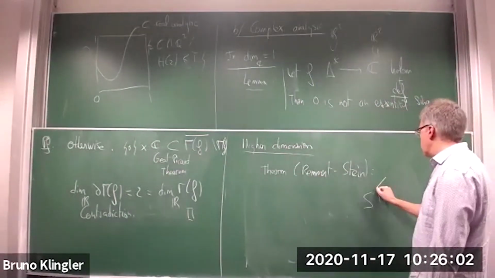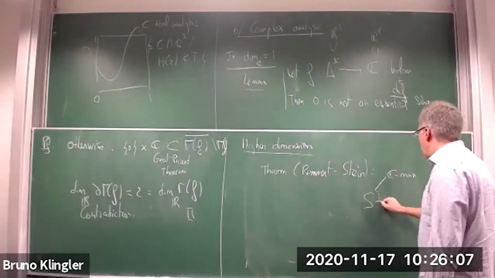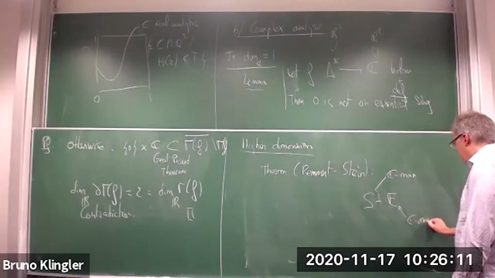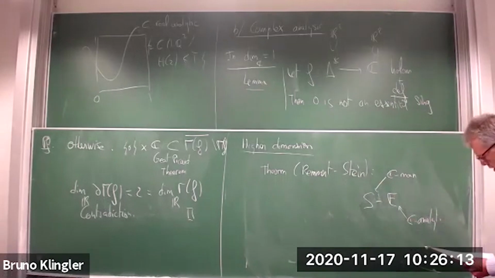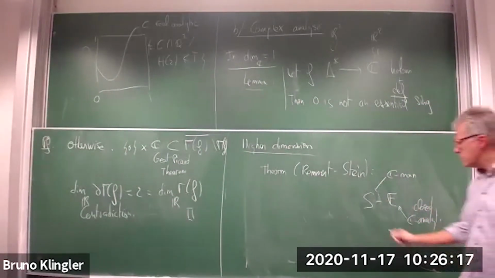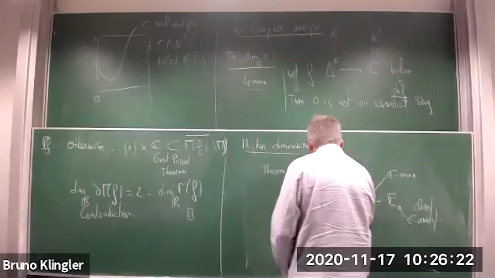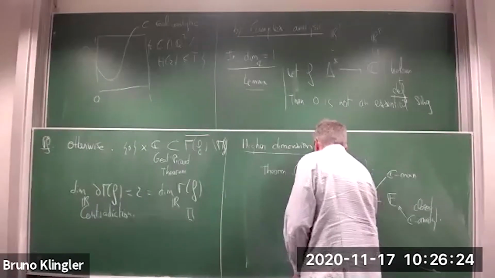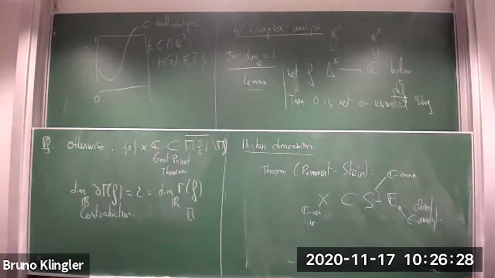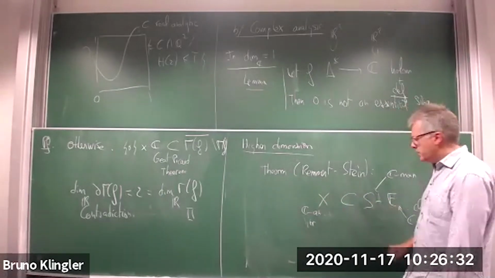You have a complex manifold, and then you remove a closed analytic set. And then inside this, you take X, which is analytic and irreducible. And then basically the question is, what can you say of the closure of X inside S?